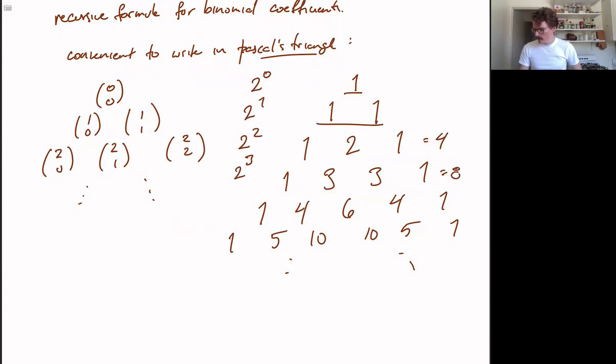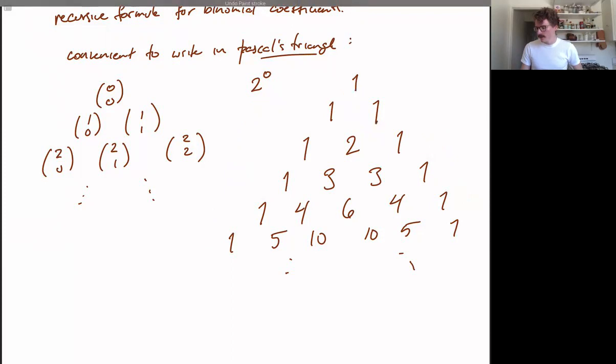1 plus, so this is 10, 15, 16. That's 2 to the 4. And etc. So basically, that is one of the uses of Pascal's triangle, is that a lot of the identities between binomial coefficients you can visualize really well using Pascal's triangle.